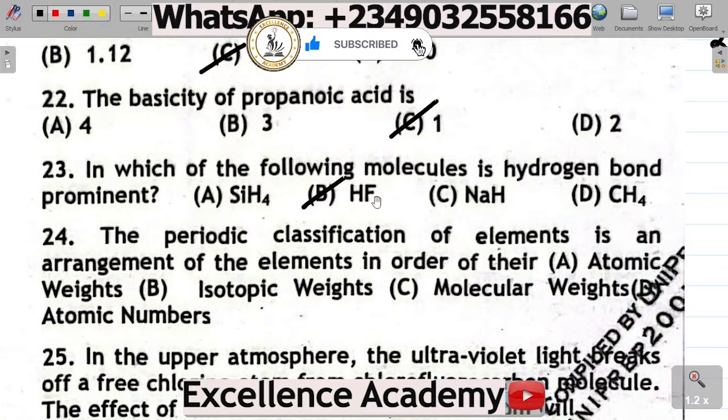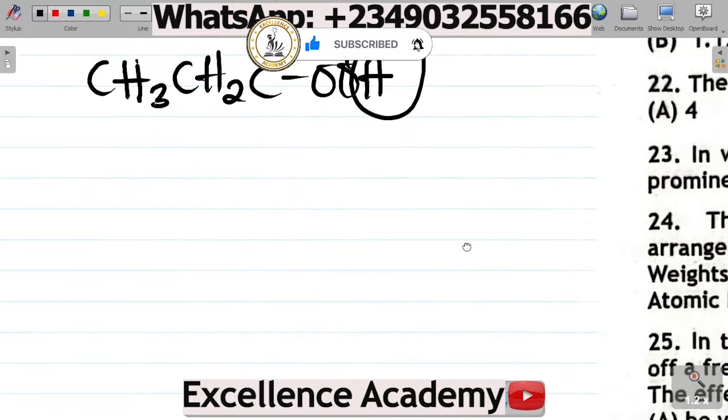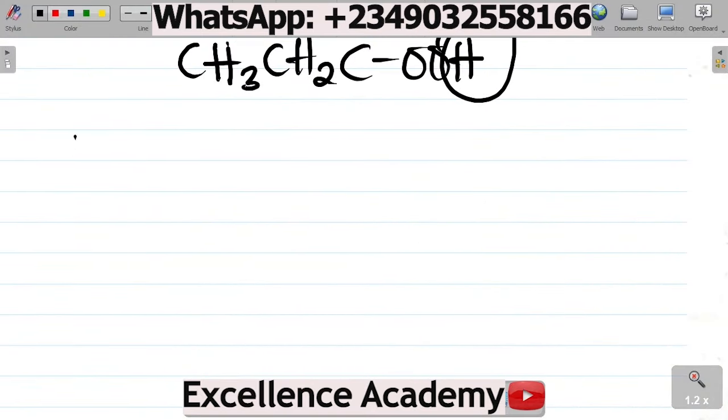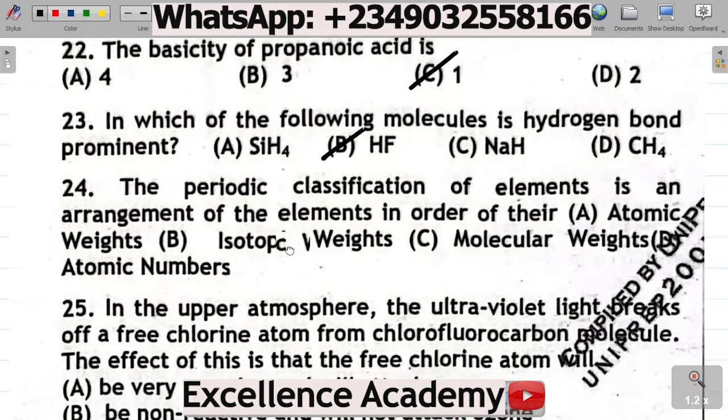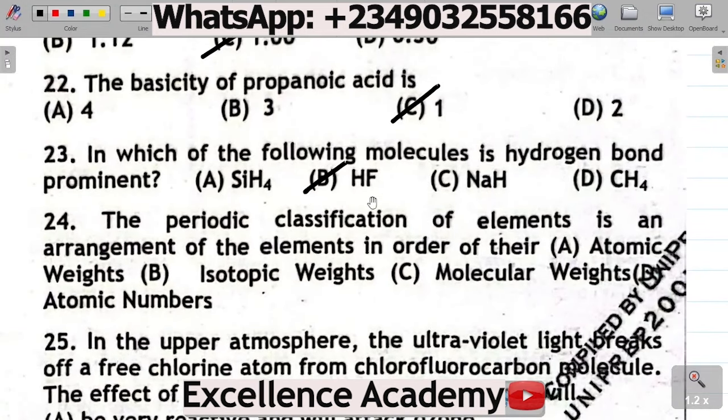Okay. Again, you want to note that hydrogen bond occurs when hydrogen is bonded with either fluorine, oxygen, or nitrogen. So the option that matches any of this is fluorine. So fluorine, B, hydrogen fluoride, is your correct answer.